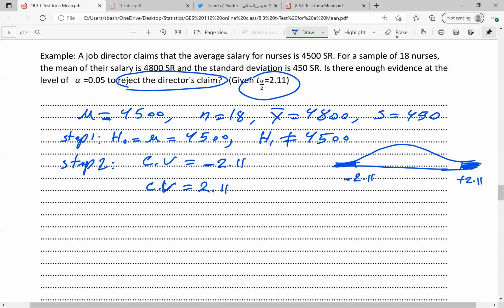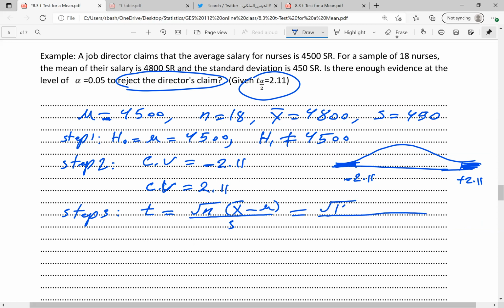Step number 3. We need to find the t-test value. T is equal to square root of n multiplied by x bar minus mu divided by s, which is equal to square root of 18 multiplied by x bar, which is 4,800, minus mu, which is 4,500, divided by 450.